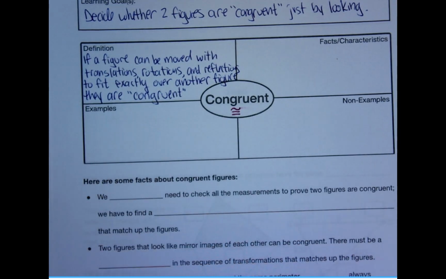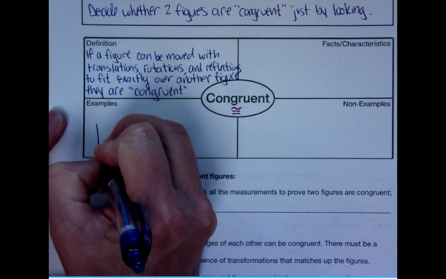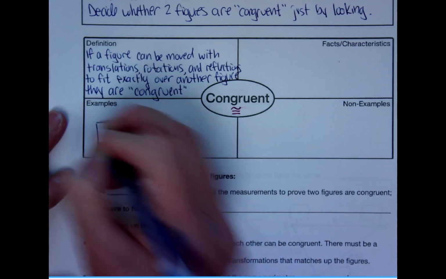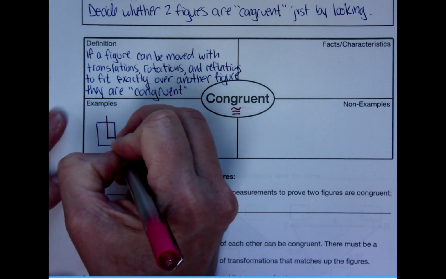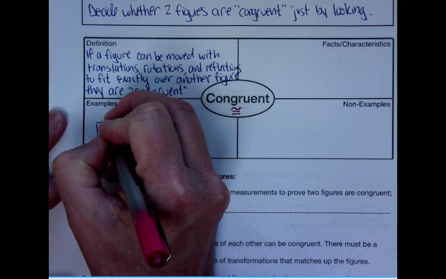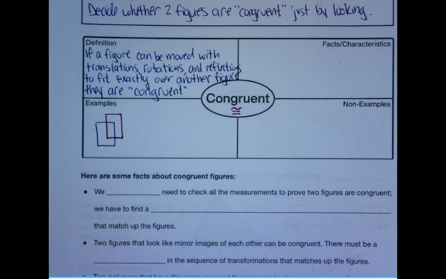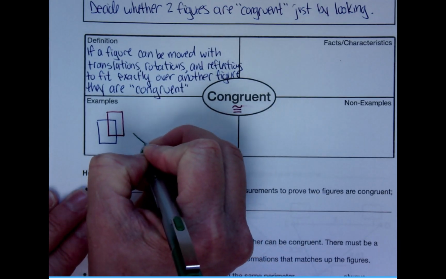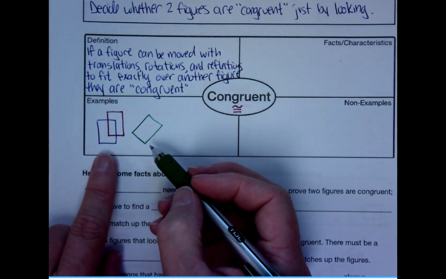So we just looked at some examples, but I'm going to draw my best anyway. If I have this figure here, and we are just going to assume I drew that perfectly twice, if I can translate that blue figure to fit on top of the red figure, then the two figures are congruent. Or if I tilt it to its side, and again, let's please just assume that these are all exactly the same.